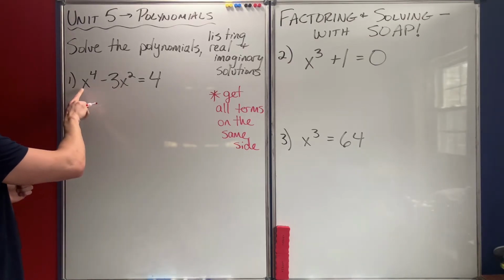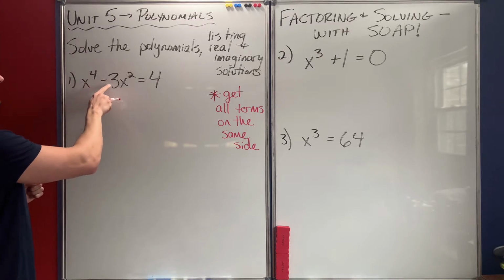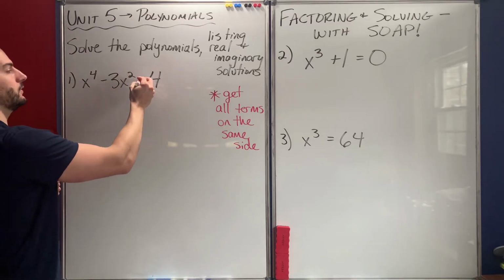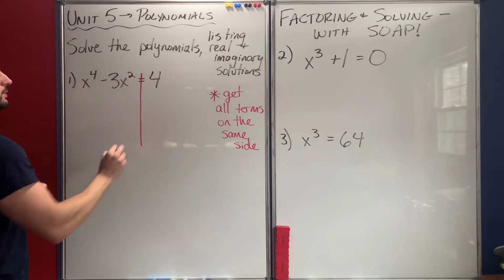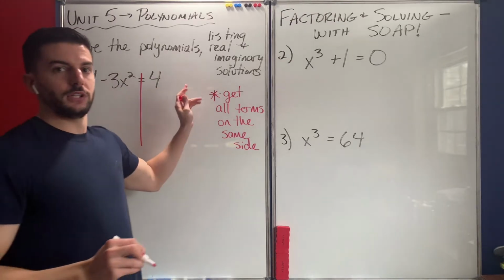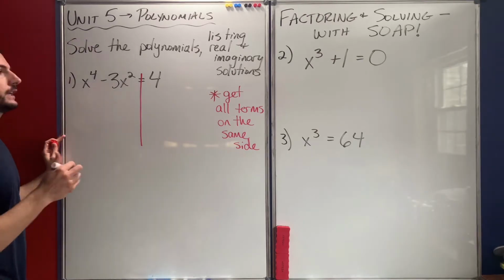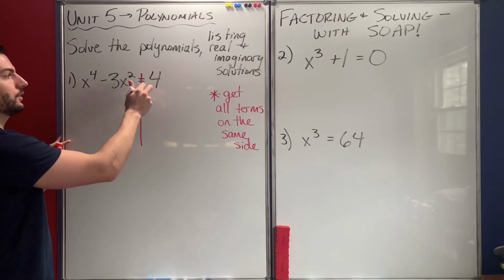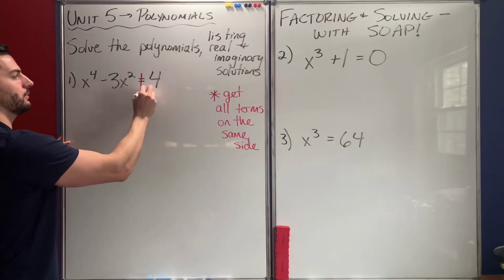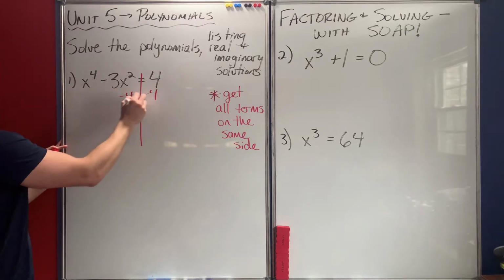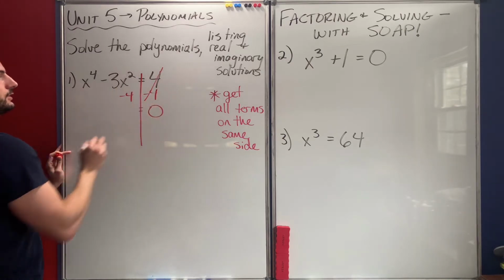So this first one, number 1, x to the 4th power minus 3x squared equals 4. For these problems, just like the other ones that we looked at, we want to get all the terms on the same side. So with this 4, I want to minus that to the other side, so that the right side says equals 0.